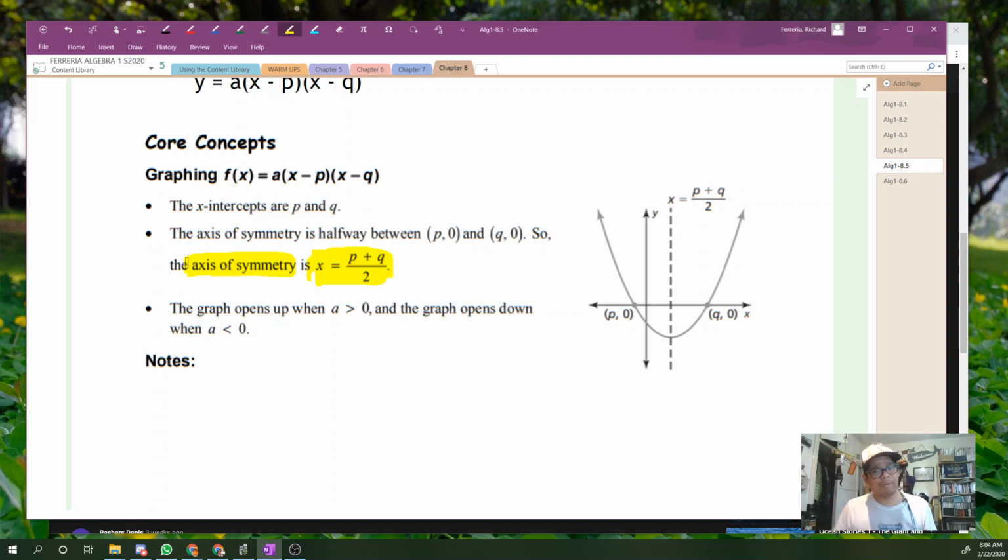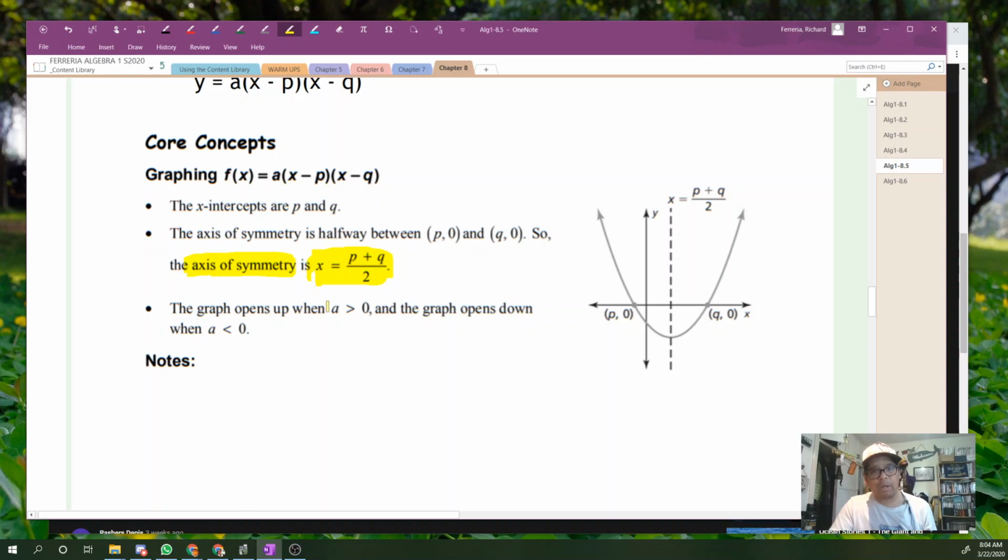And honestly, I never really use that formula. I just figure out what number is in between the roots. I mean, if the roots are 0 and 4, I just think to myself, well, what number is in between 0 and 4? 2, duh. So, next rules, they should make sense.